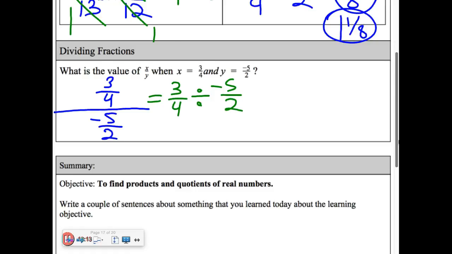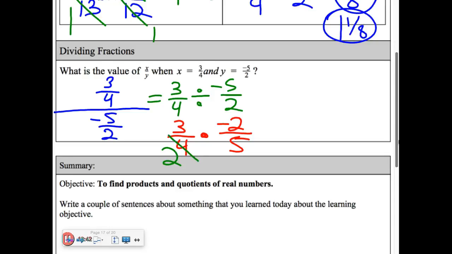This now looks like a problem we've been working with all day today. So now I'm going to solve how we've been solving this. I'm going to keep, change, flip. So I'm going to keep that 3/4. I'm going to change that sign. And I'm going to flip that second fraction. So I'm going to change it into negative 2/5. Now, like always, we're going to look, can I reduce anything? I see I can reduce the 2 and the 4. So I'm going to reduce the 4 by 2, so it's going to become 2.